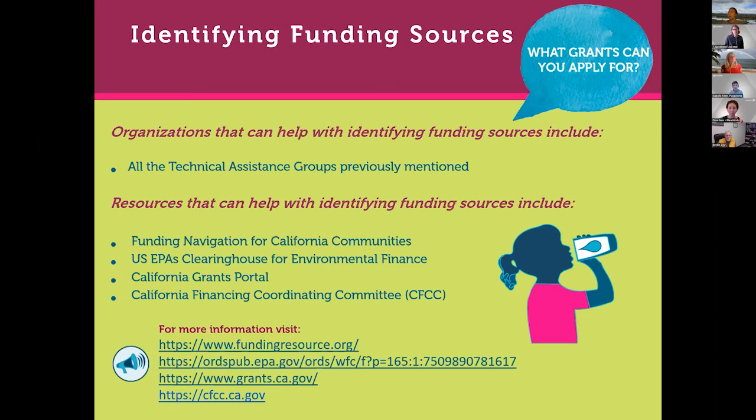The first one, funding navigation for California communities, I haven't looked at extensively, but it does seem to include a lot of the same grants that are at grants.ca.gov. It's also a little more user friendly looking, separating out by about eight different types of grants.